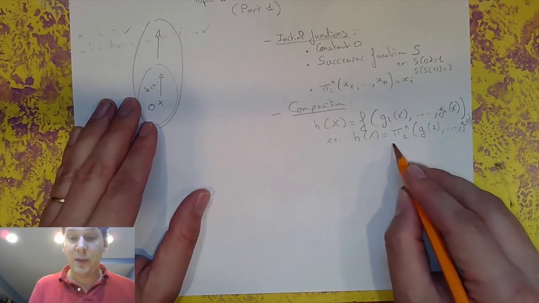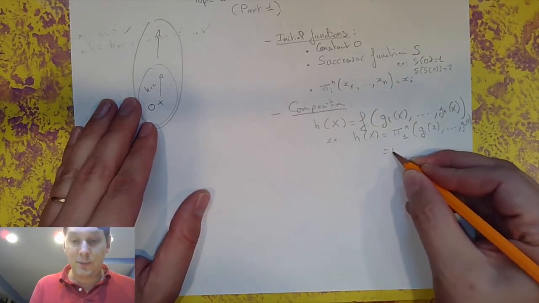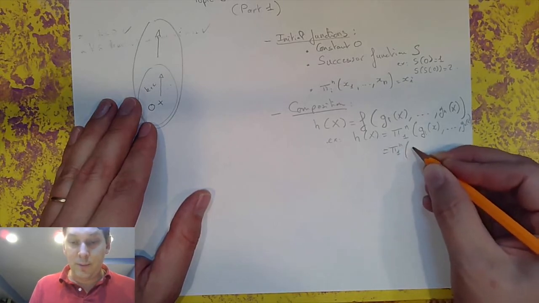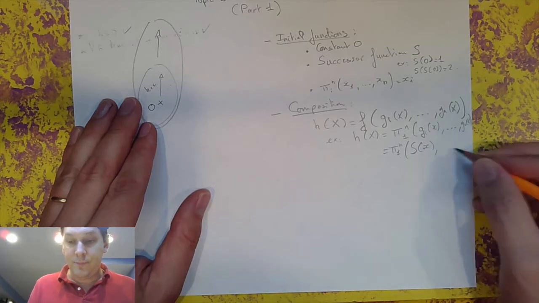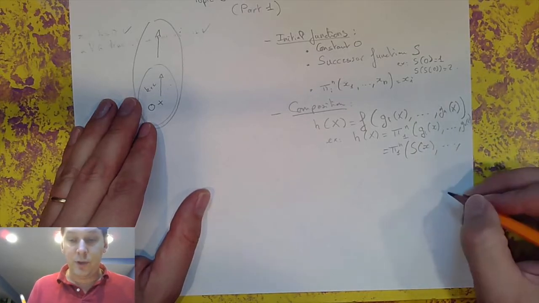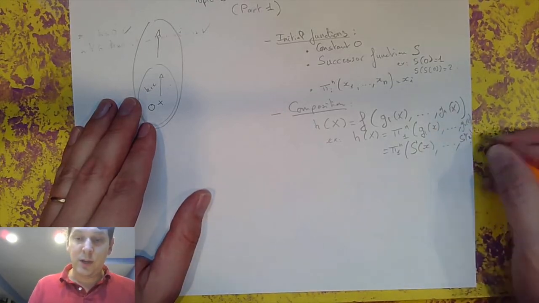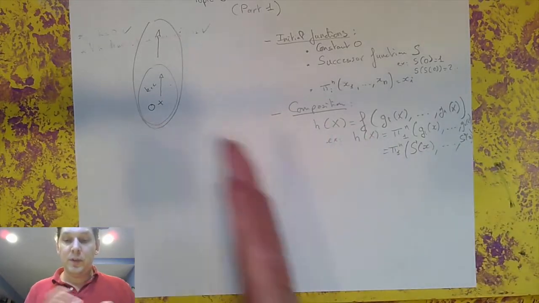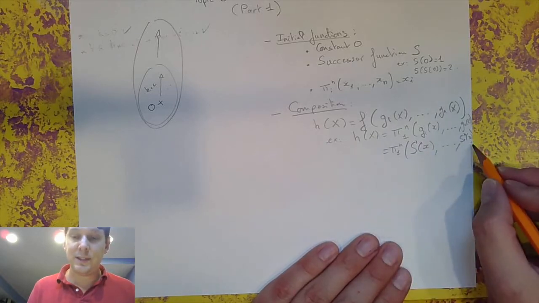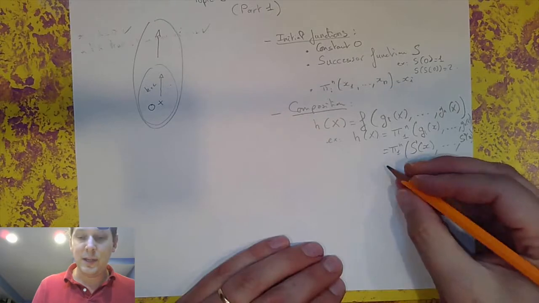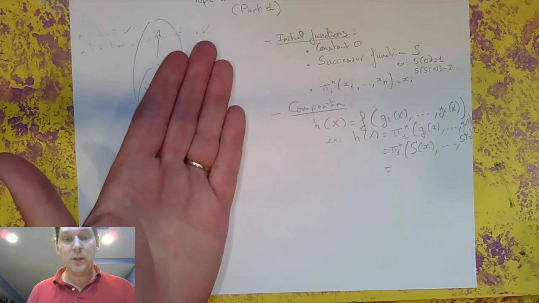I can compose it, and because it's a projection, and actually g1 is not defined here, let's make it a little more precise. I can say it is S1 of x, ..., Sn of x, right? So they are all different successors with different combinations of succession. Sn of x is really S of S of S ... n times of x, right? That is a recursive function because I build it only from what I have here so far.